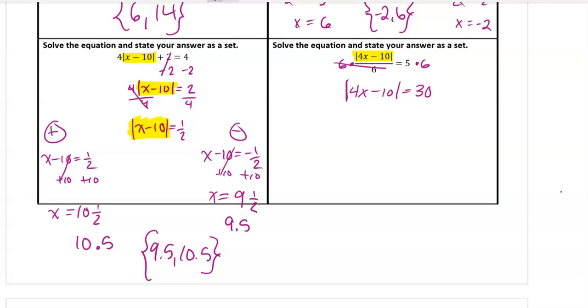All right, is this absolute value isolated now? Yes. So we can go ahead and move into finding our solutions. 30 is positive, so we're going to have two solutions.